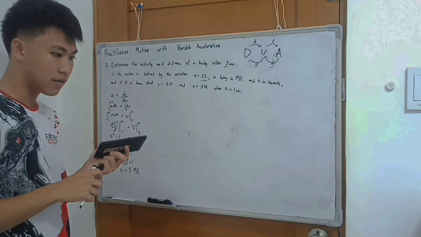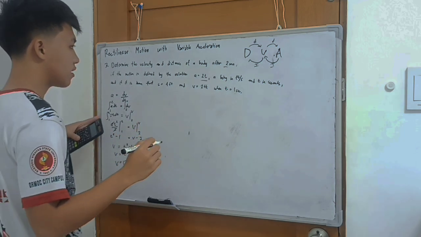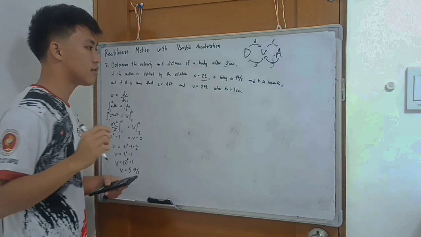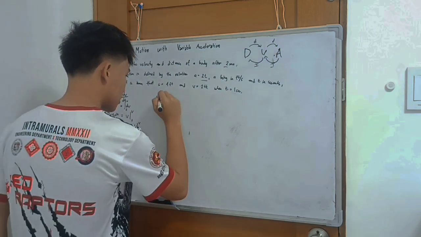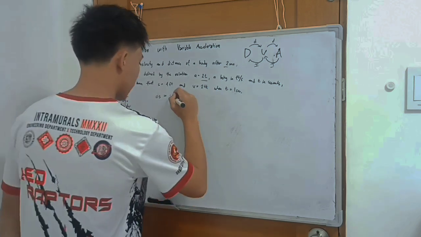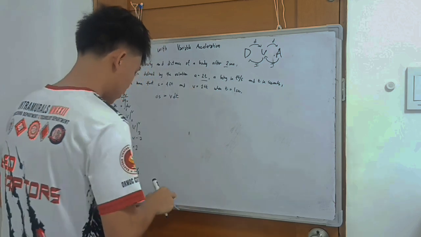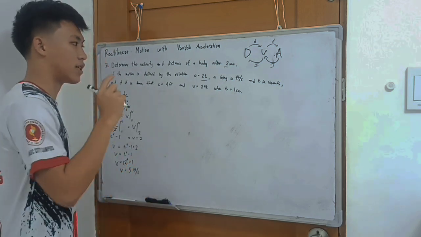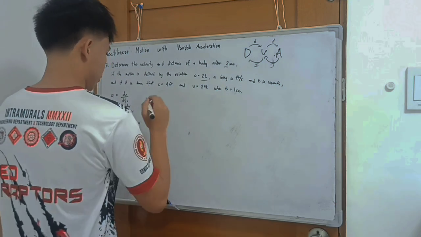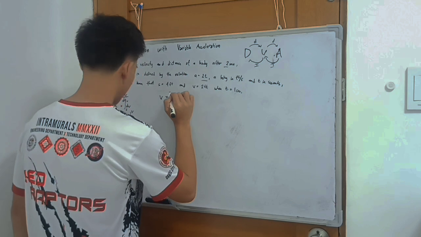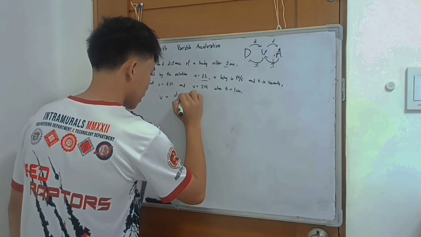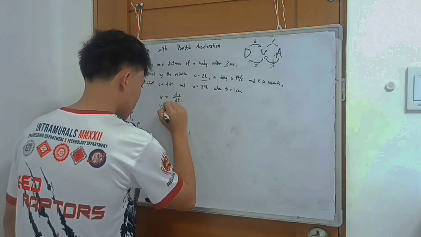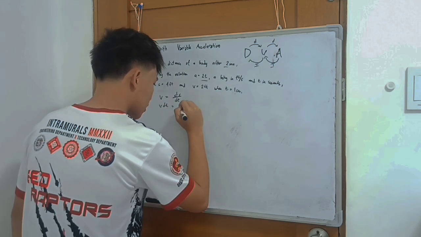So let's get the distance by getting the distance equation. So ds is equal to v dt, the equation of velocity. We can integrate it and we can get the distance. So v is equal to ds over dt. Cross multiply: v dt is equal to ds.